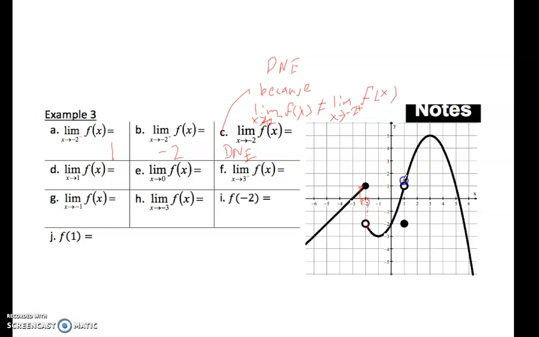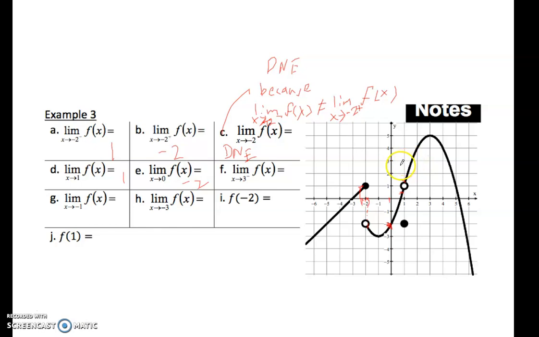And we could see immediately to the left and the right of 1 that our y value is approximately 1 on both sides. The limit as x approaches 0. Now, if we have something that's nice and continuous, like this type of situation, we can just take the y value. So at 0, that y value is -2.